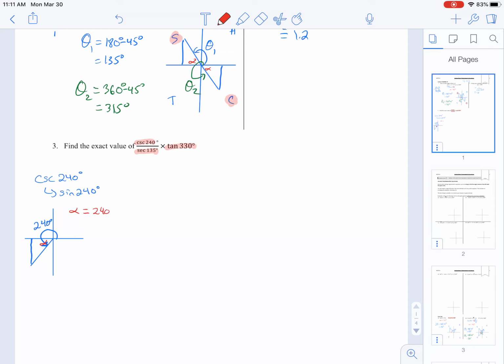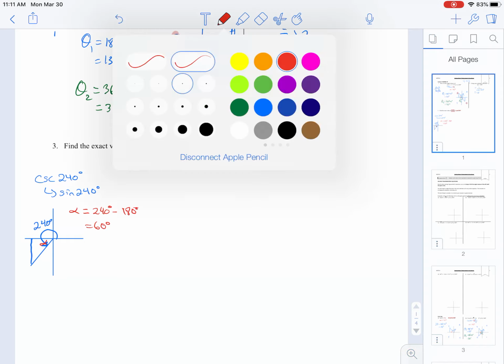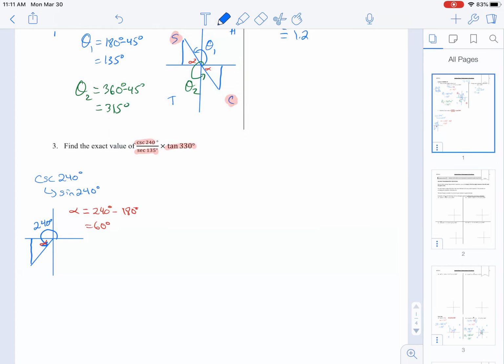So in this case, alpha would be 240 minus 180, which is going to be 60 degrees. So that means I'm really getting the sine of 60 degrees. And if this is 60, then opposite 60 is root 3, only it's going to be negative, and the hypotenuse is 2. So sine 240 is going to be minus root 3 over 2.